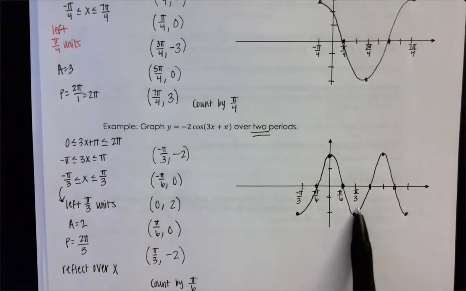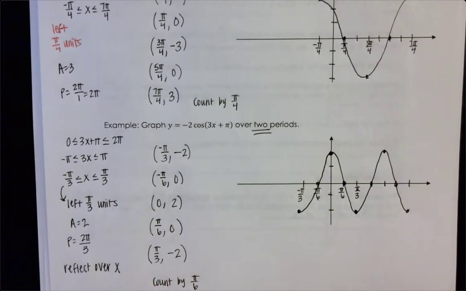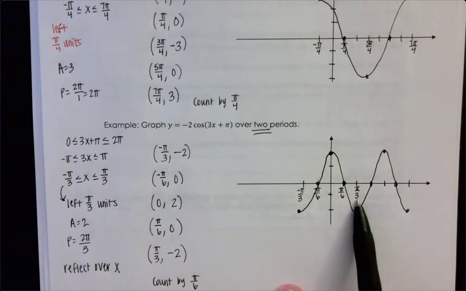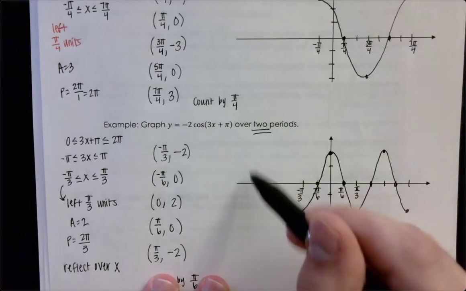Okay, from negative pi over 3 to pi over 3, that's the points we found. And I know they're all 5 points. So then we just start here and repeat again. That's the second period. You could also go this direction and have another.